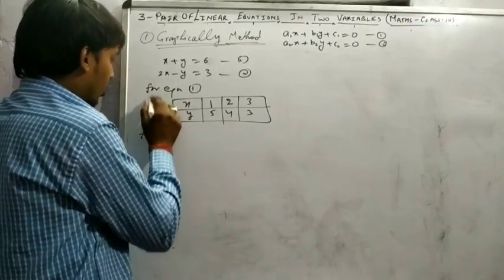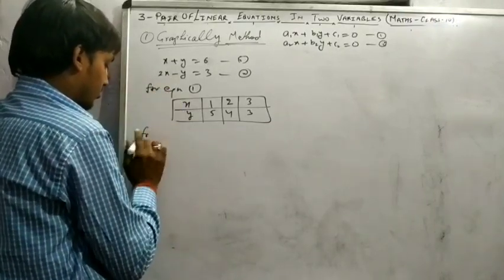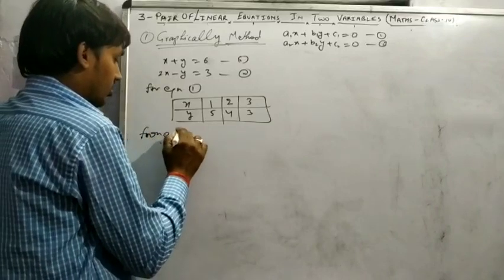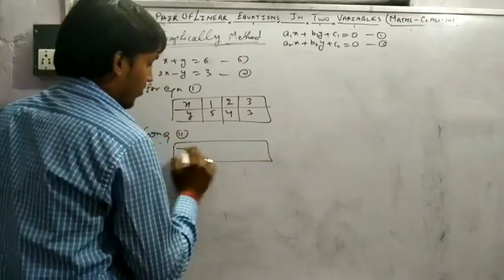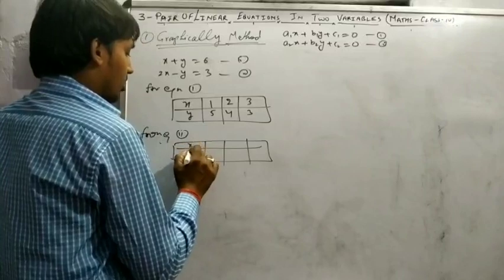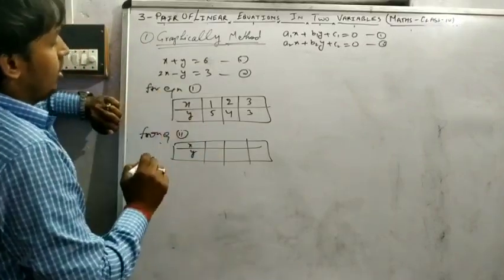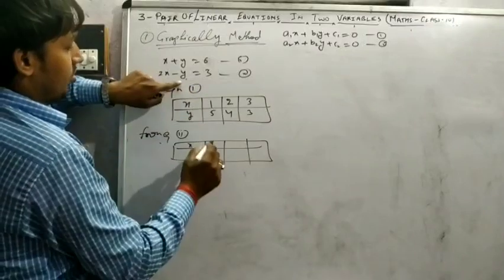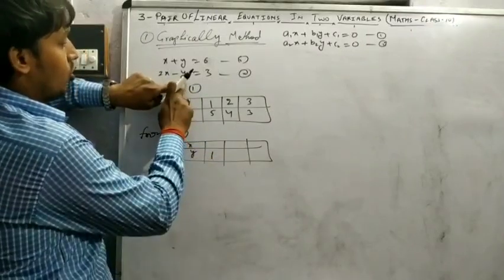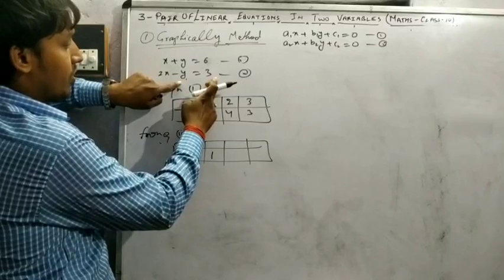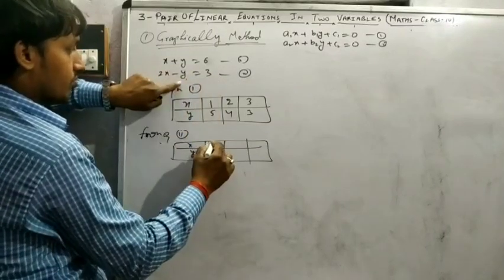From the second equation, same, make a box, take 3 values. Suppose we take x is equal to 1, y is equal to 1, so set opposite side, 3 plus 1, 4 upon 2.